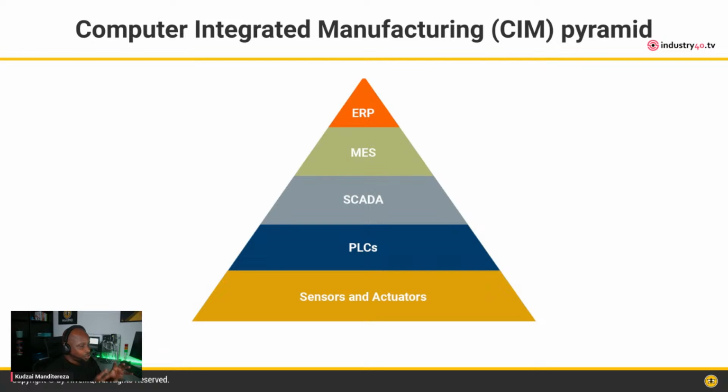So this is the Purdue model that was introduced to the manufacturing industry in the mid-90s, to have a way of organizing your data access or the sharing of data between the different components in your plant.